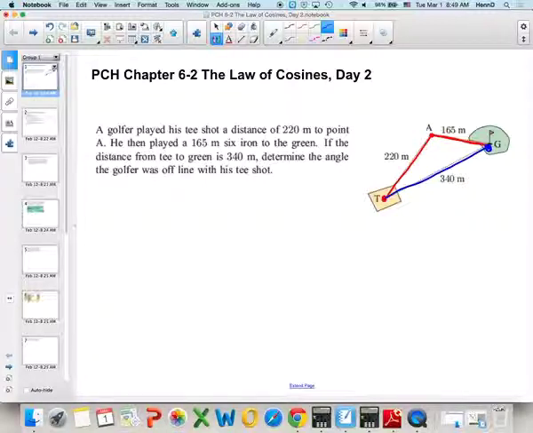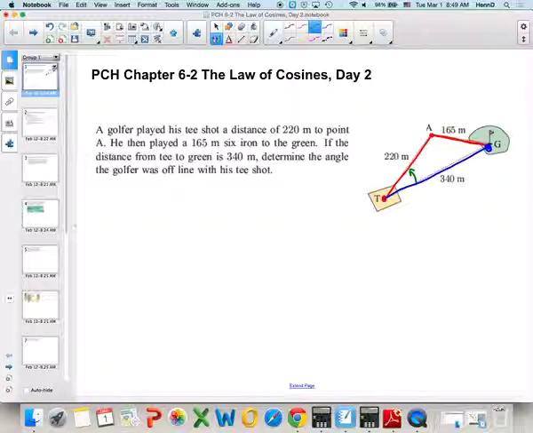So what angle are we looking for here? T. Yeah, T. He was supposed to shoot this direction. His angle was off by that much, whatever that angle is. Does that make sense?